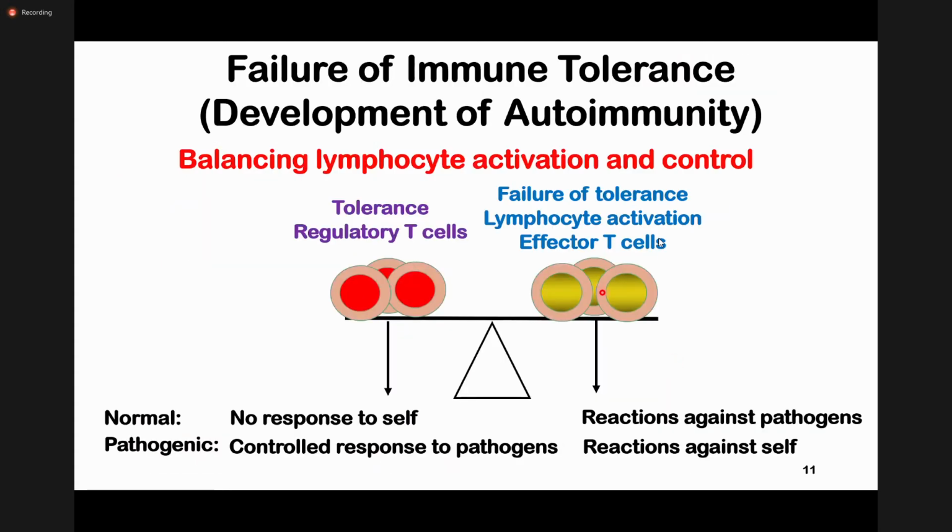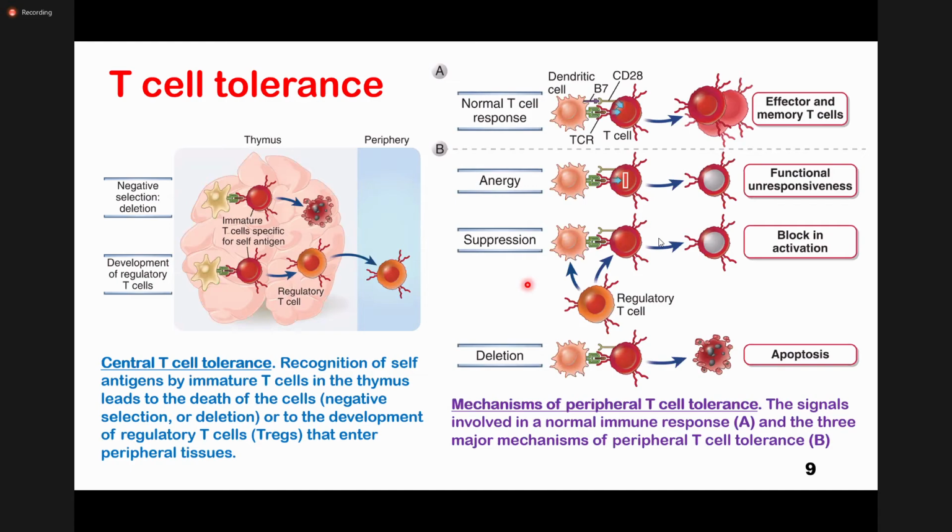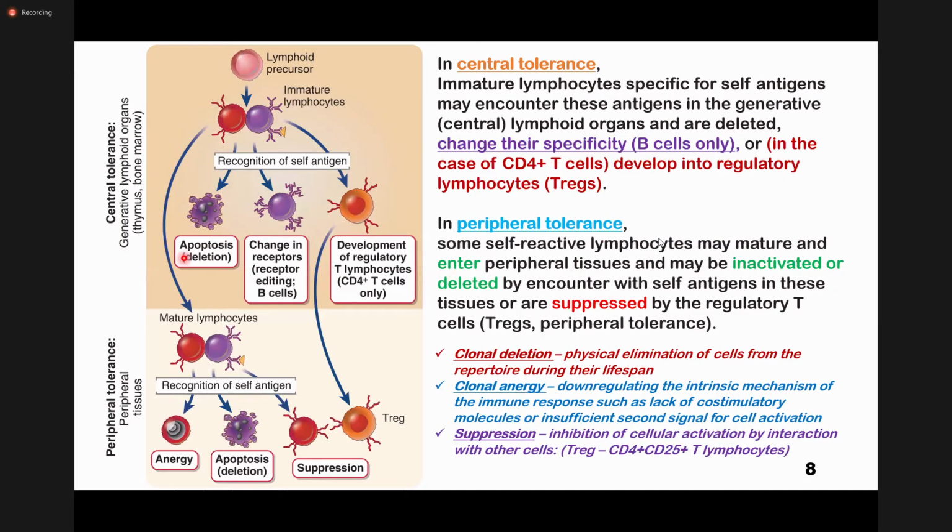This is the most important part of this topic. You need to remember the tolerance mechanism in each. This slide gives you the summary of the next two or three slides. The first one is deletion, that is negative selection or apoptosis, and it recognizes the self-antigen. If you break down the system of our immune system, it will cause autoimmunity.